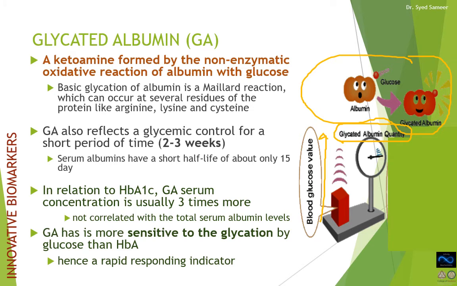Furthermore, it is seen that hemoglobin resists the glycation, whereas the glycated albumin is more sensitive to this process. So it becomes more quickly available for the diagnosis, and hence the rapid responding to the indication of change of glycemic control.